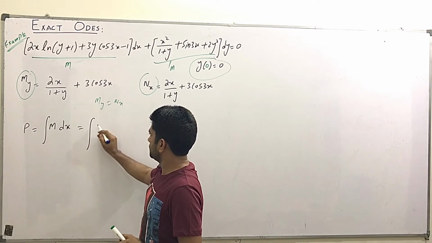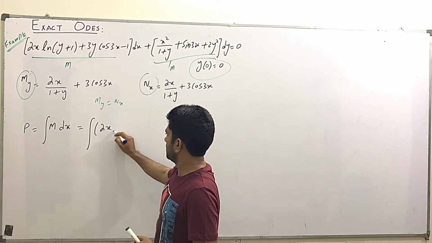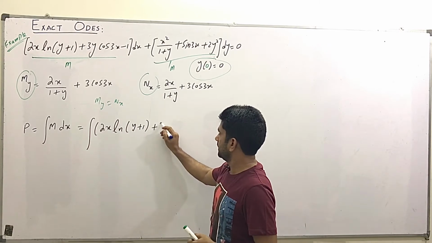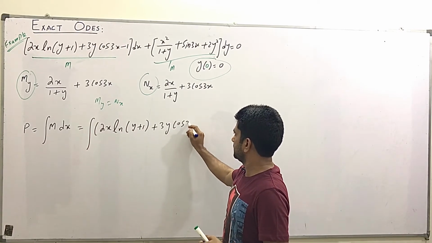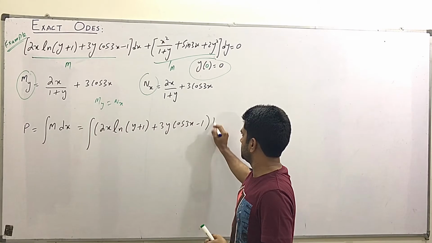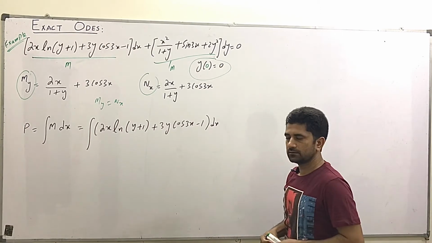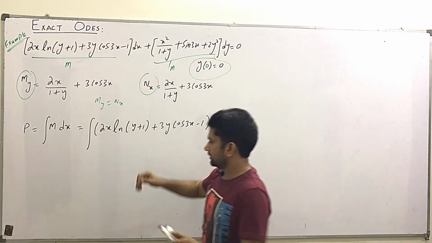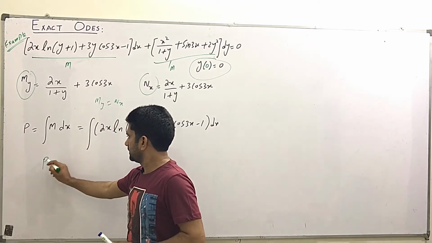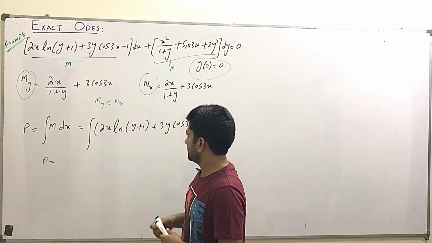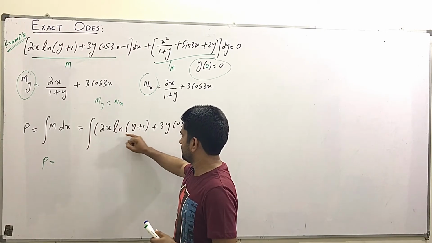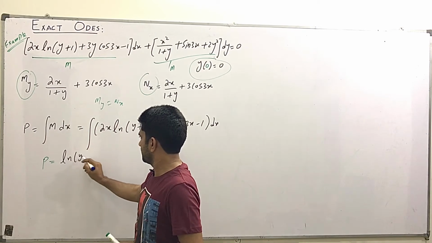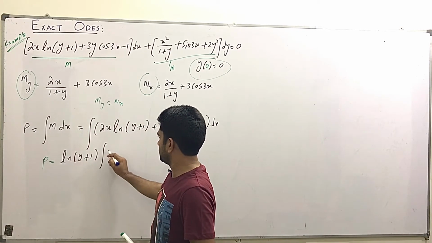Our M is 2x ln(y+1) + 3y cos(3x) − 1, and this dx as it is. So we differentiate with respect to x. For P, we are working on x, so this ln(y+1) would be outside, and here we have 2 times x dx.